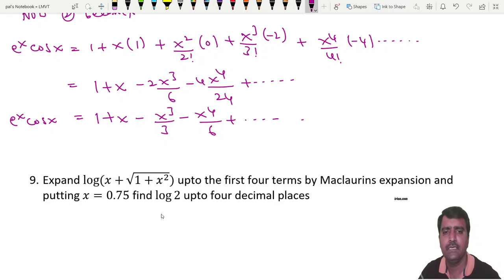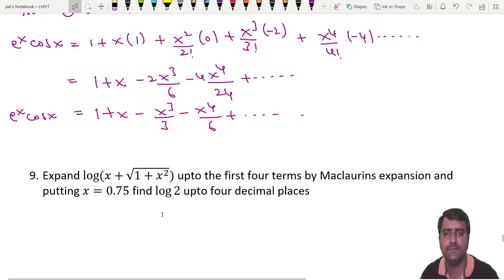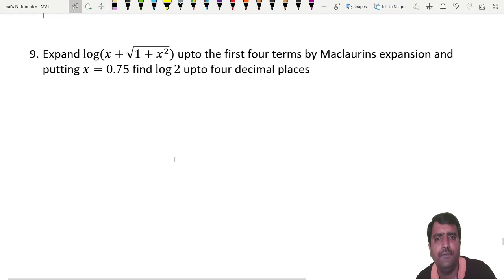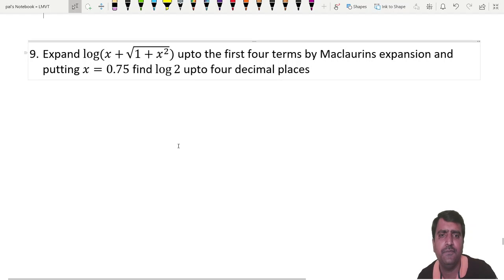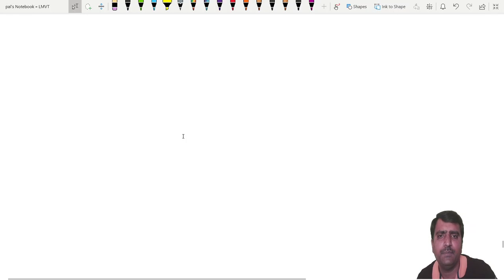Okay. So try to solve this problem. Expand log of x plus root of 1 plus x square up to 4 terms by Maclaurin's expansion, and after that if you put x is equal to 0.75, then this value becomes 2. So from that you can find the value of log 2. Try to find it up to 4 decimal places.